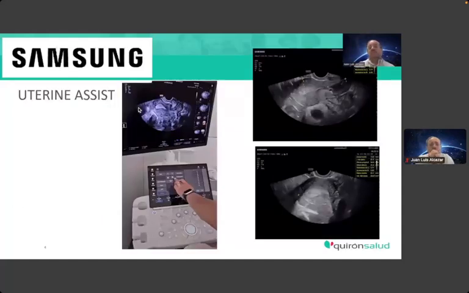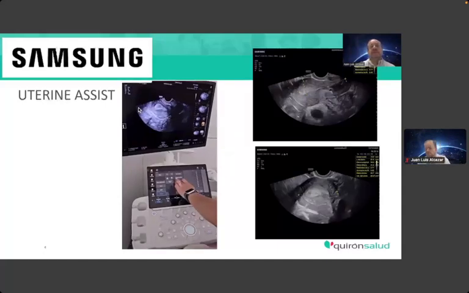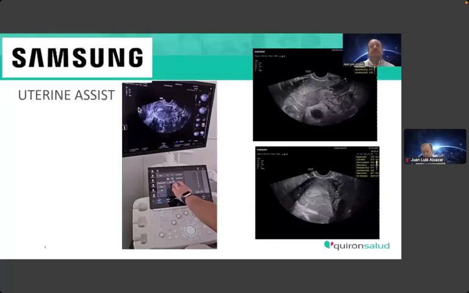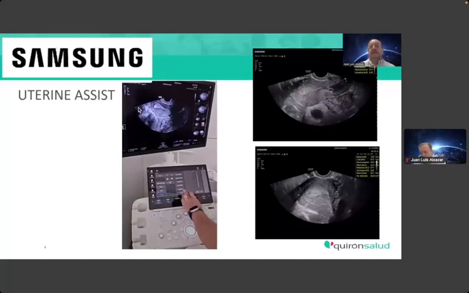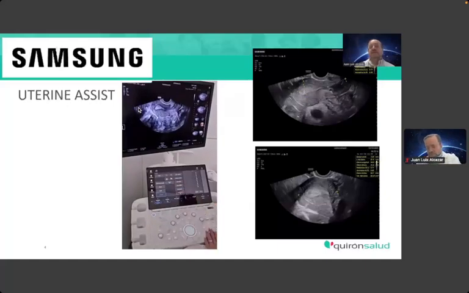When measuring the uterus, some machines have developed a particularly interesting tool, which is called uterine assist. This is an automatic measurement of the uterine length, endometrial thickness, uterine height, and uterine width.